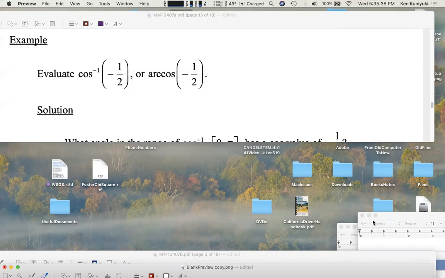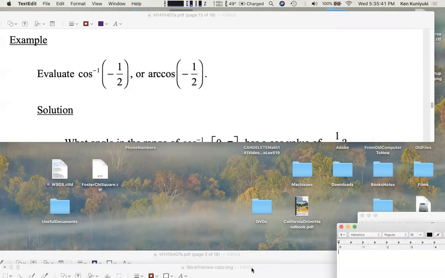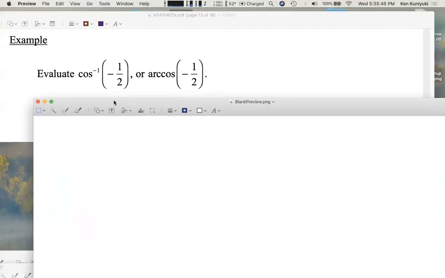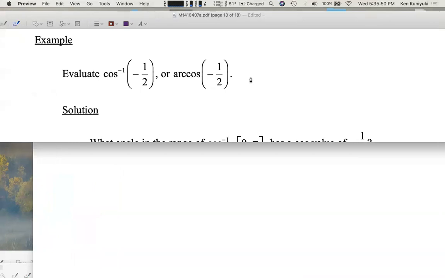So let's try to figure this out. All right. So the inverse cosine of negative 1/2 equals what?